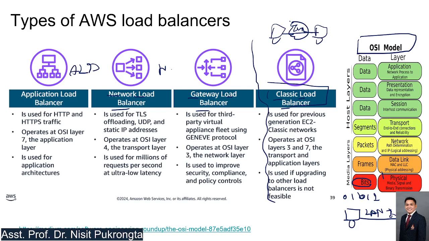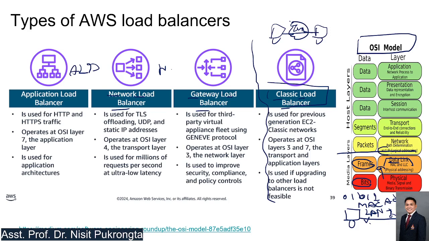After bits, layer 2 is the data link layer. The data link layer talks about frames. When you send a packet from this computer to this computer, layer 2 uses the MAC address on the network interface card, and then the packet is layer 3.